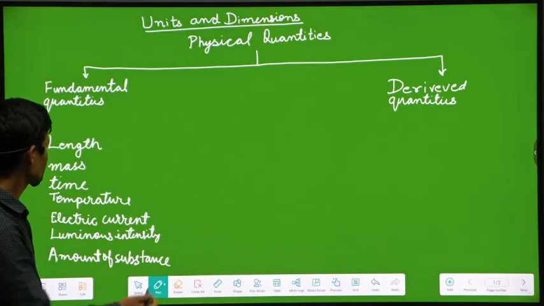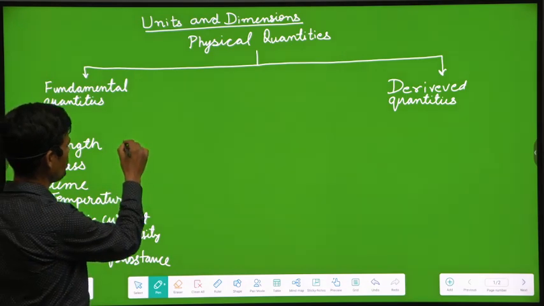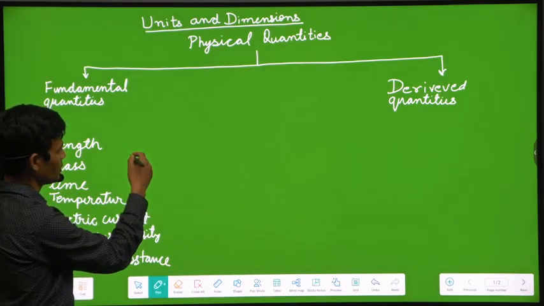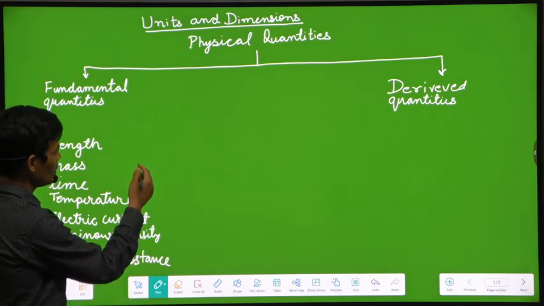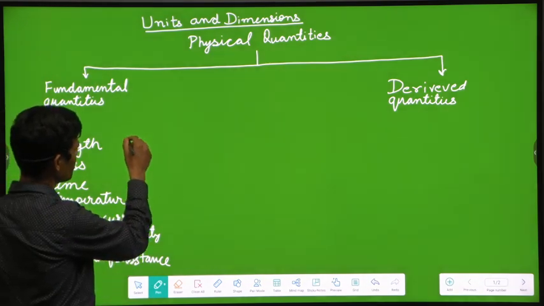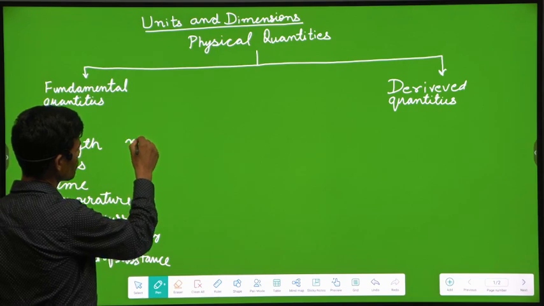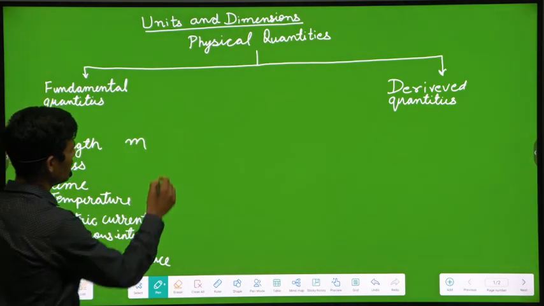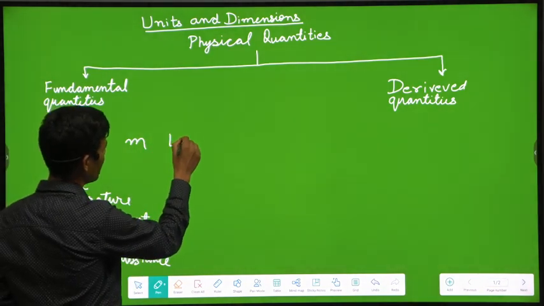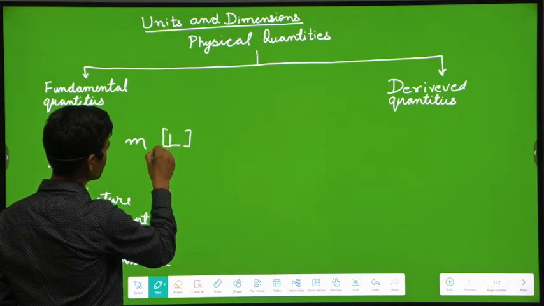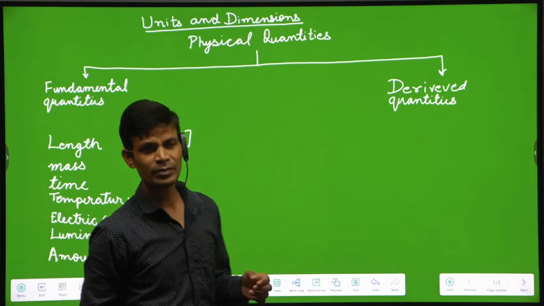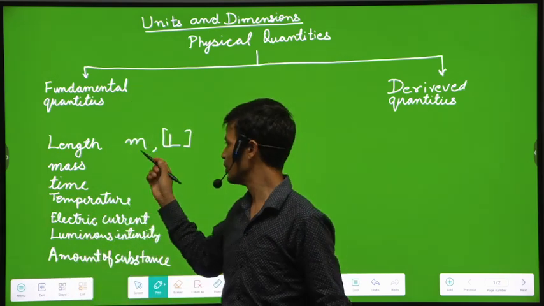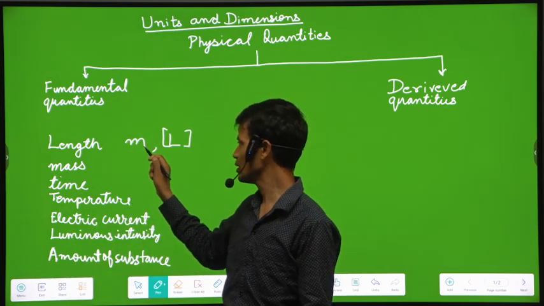So we know that unit of length is in terms of meter. SI unit is meter. I am considering SI unit here. So it is meter, and its dimension is L. So in terms of length, we are going to measure it in SI unit. It is meter.